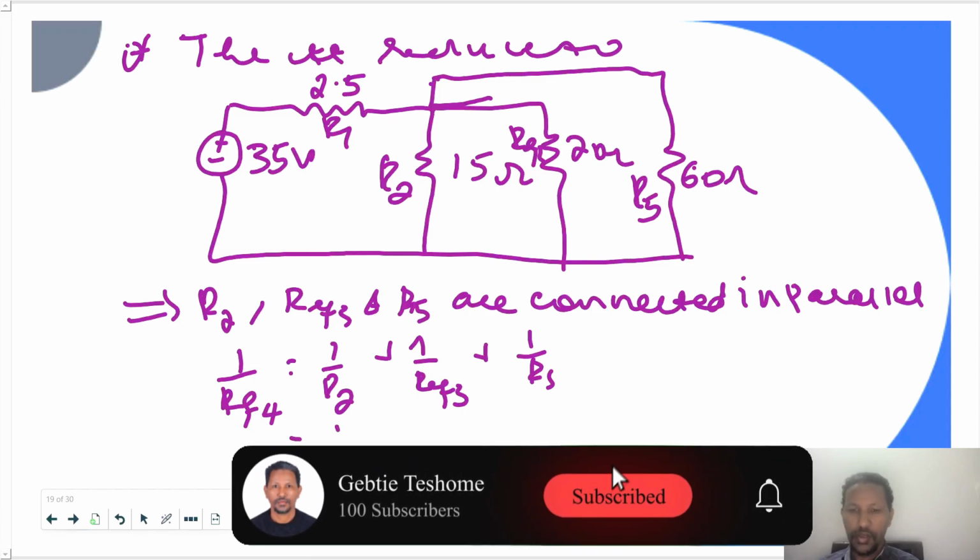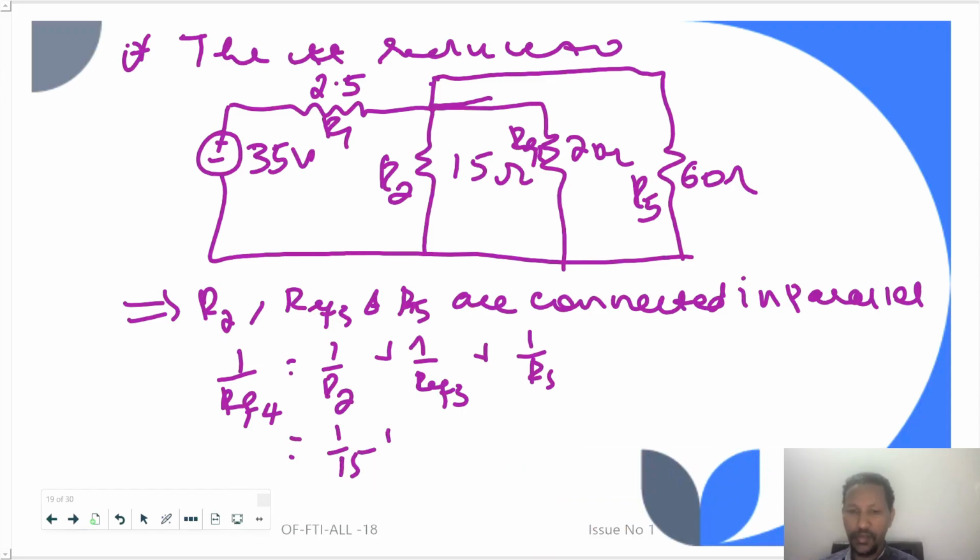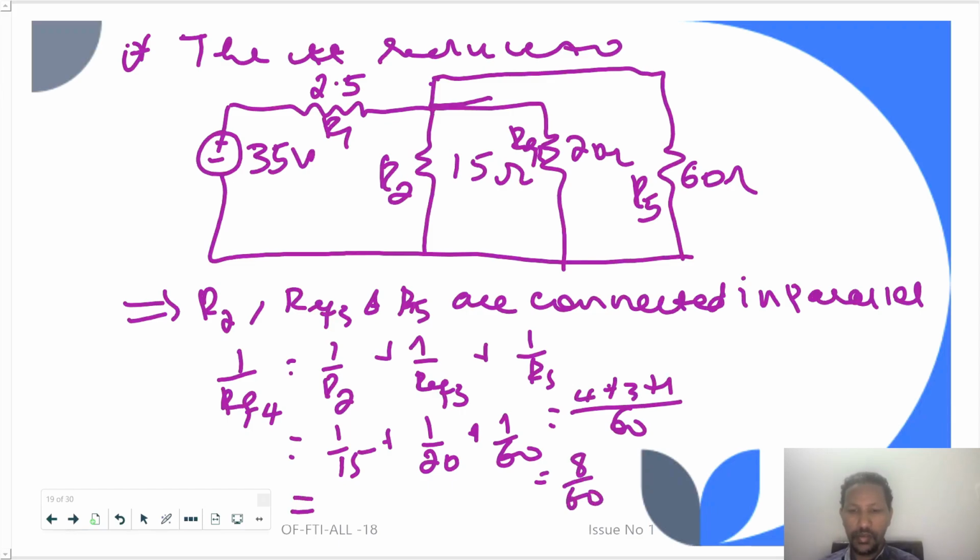That is 1 over 1.5 plus 1 over 20 plus 1 over 60, which equals 4 plus 3 plus 1 over 60, so 8 over 60. So R equivalent 4 equals 60 over 8 ohm, which is 7.5 ohm.